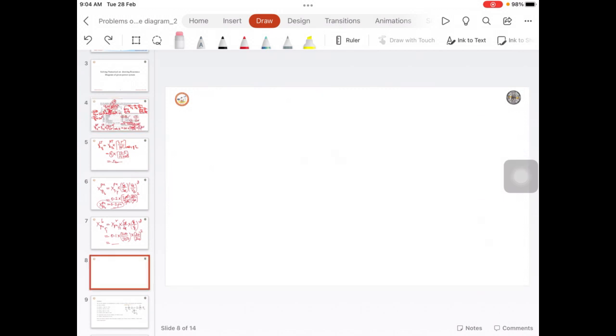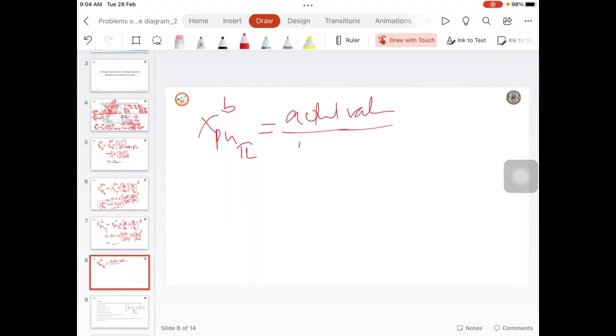Also in the same formula, that is X per unit on common base for transmission lines, let us write. This is actual value divided by base value. What is the actual value?